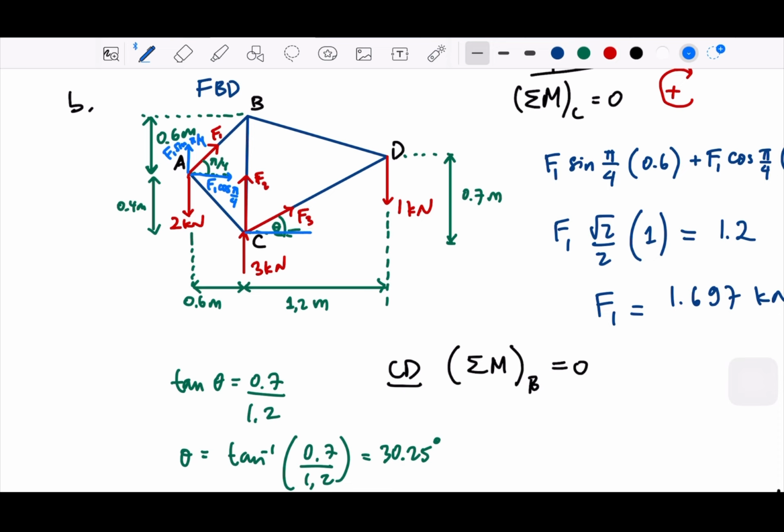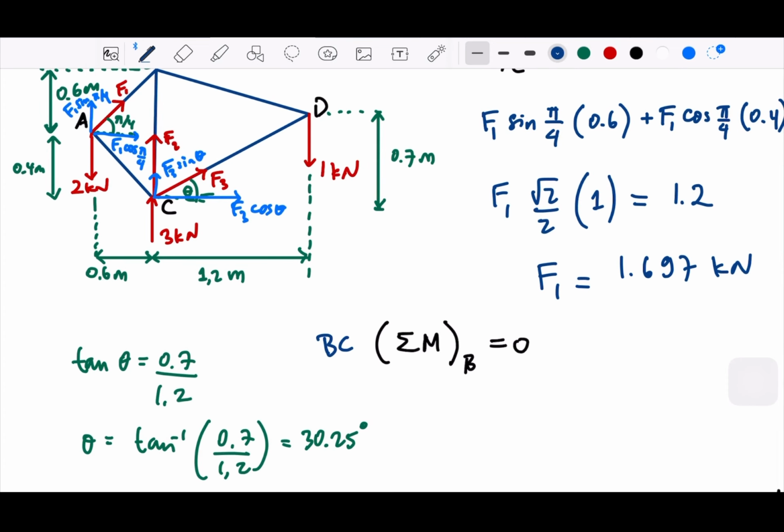So this is F3 cosine, and this is F3 sine. Oh wait, wrong. Oh yeah, correct. Sorry. So on the CD we have. Okay, now look at the BC.